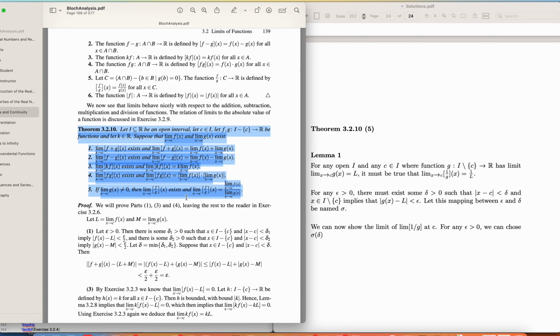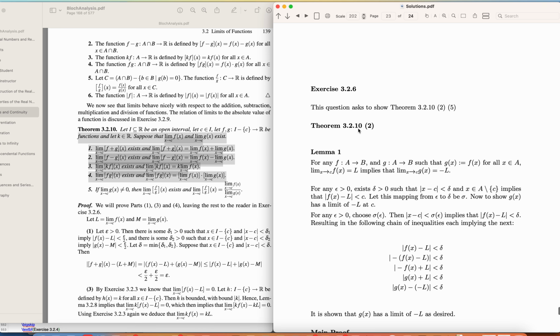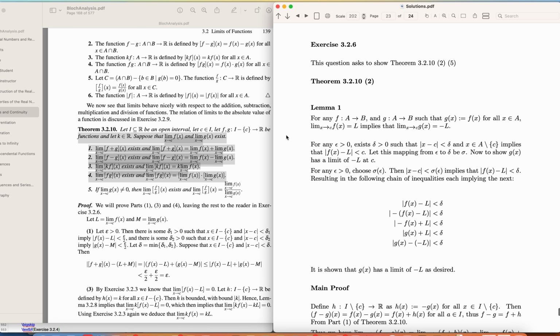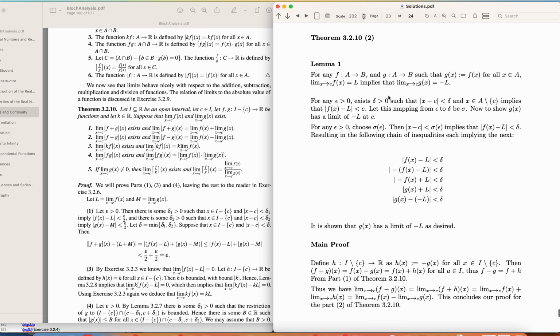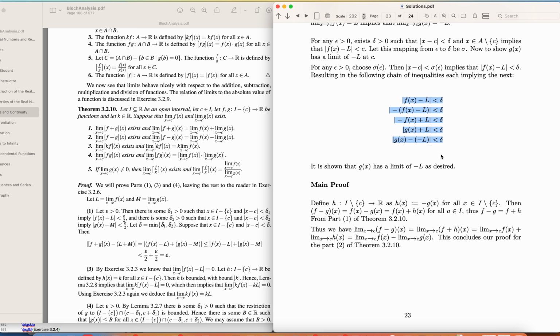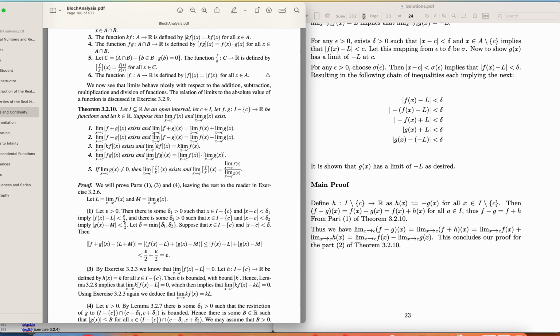It's still the same problem. I think I'll start back up from theorem 3.2.10.2. So the idea is to basically show that you can make some h which is minus g, and then show that h has limit which is the negative of the limit of g, and then it becomes the same as problem 1.